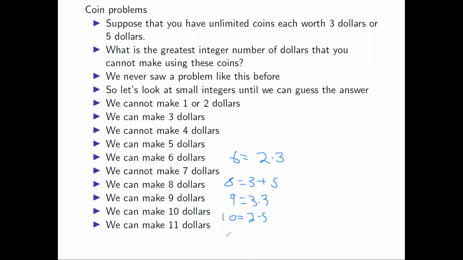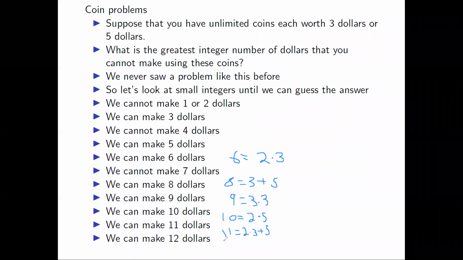So 11, notice that one is 2 times 3 plus 5. 12, 12 can clearly be made because that one's just 4 times 3. And finally, let's look at one more. 13.